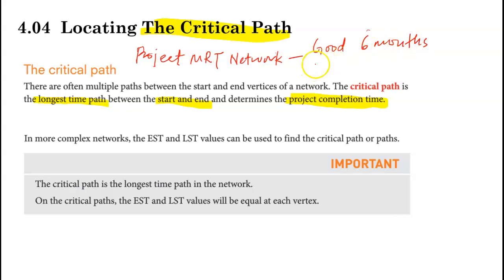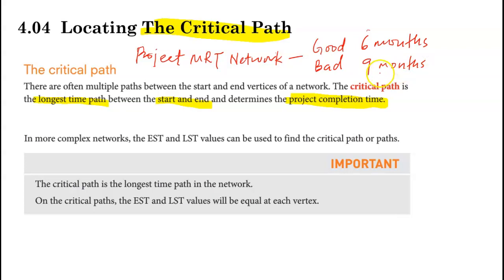But then you have a bad scenario or worst case scenario where let's say you have shortage of supply, you have probably flood, things like that. Then it would cause a delay in your project. So let's say if you have a bad case scenario, the project instead of 6 months, it will take you 9 months.